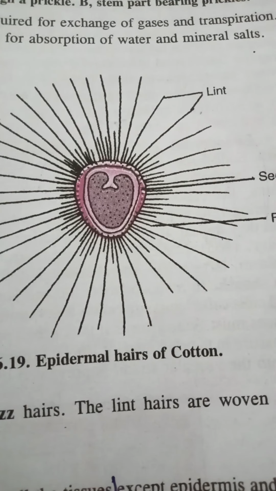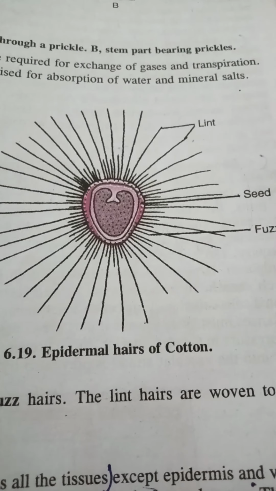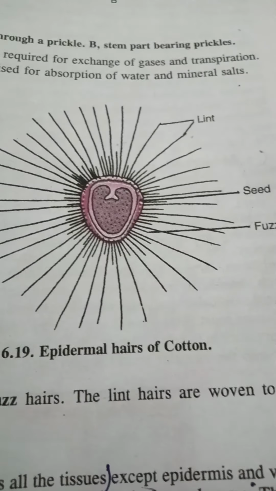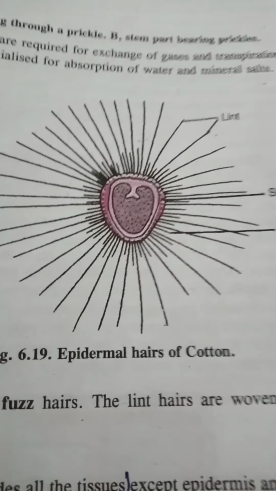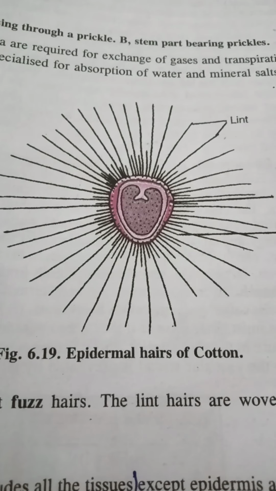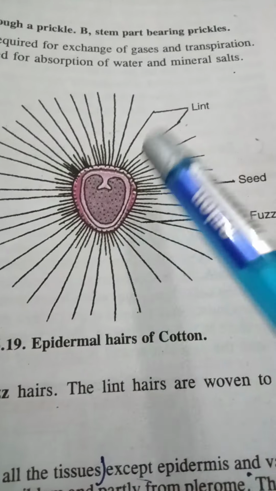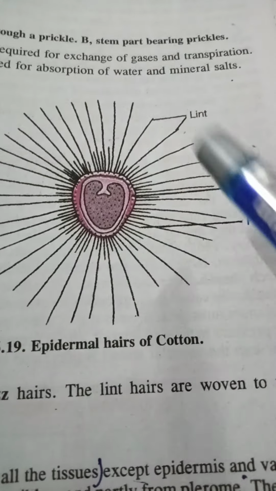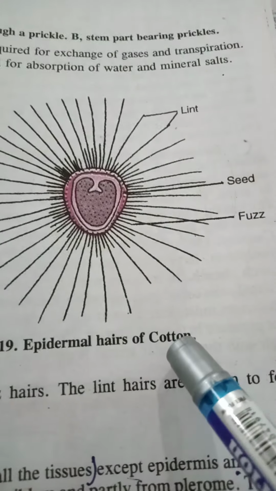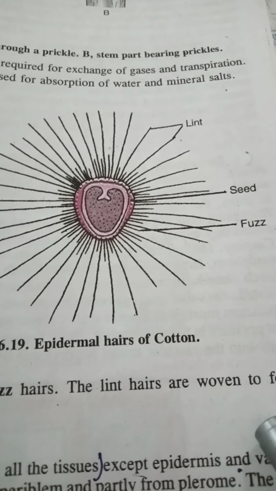It prevents excessive loss of water through transpiration, and a large number of stomata help in exchange of gases. Bulliform cells are also present, which help the leaves overcome drought conditions. Most importantly, the cotton seed has epidermal outgrowths, hair-like structures. These hairs are the main fiber present in the cotton seed. So this is our epidermal tissue system, the outermost covering.